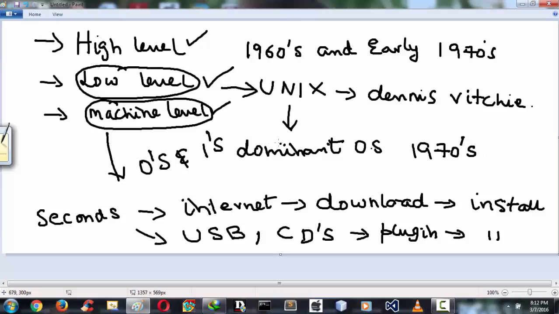To write even a small program took a day or a week. So imagine developing operating systems using machine language in those days, without internet, USBs or CDs. It might take years and years.